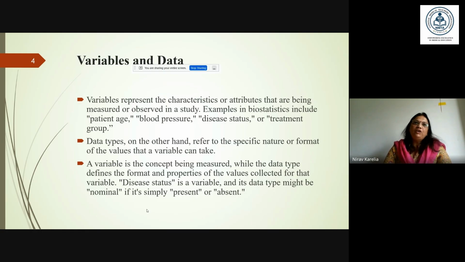So the nature of the data is a categorical value. So disease status is a variable, but when you collect the information in dichotomous form, it is dichotomous data, and if categorical, it is categorical data. This is the major difference between variable and data.